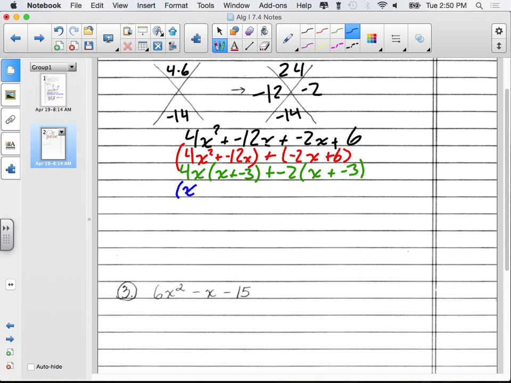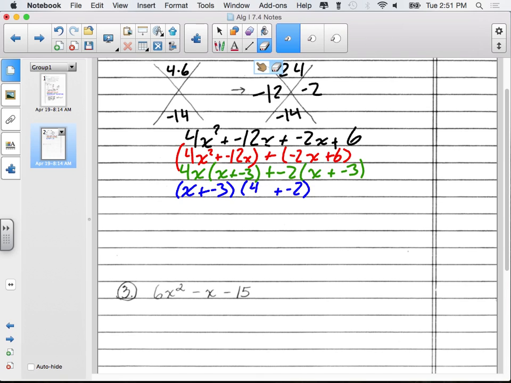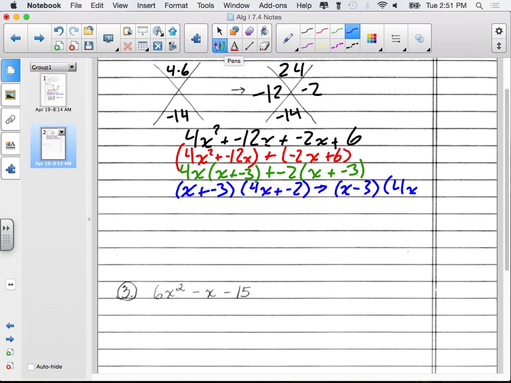So we can take that out front. Once we factor it out, we have leftovers, and what are they? 4x plus negative 2. And if we want to clean up our answer, it's just x minus 3 times 4x minus 2.